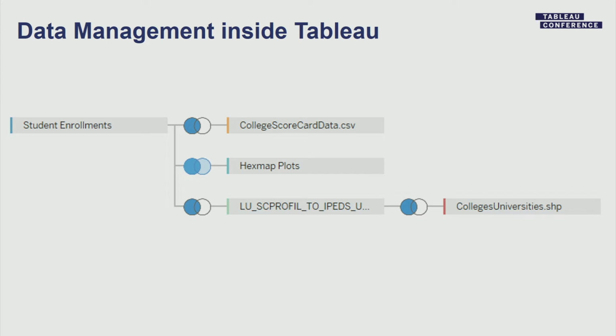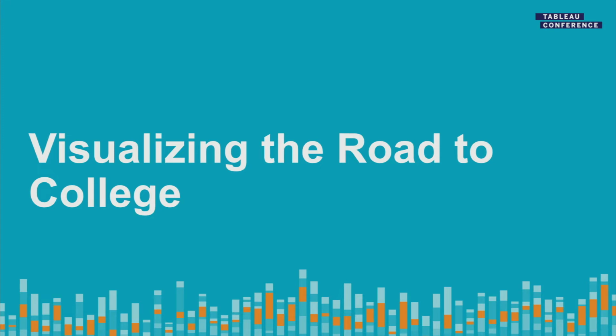And then this funky looking named one down here is the college scorecard data, the LU underscore SC profile to IPEDS. And then the college and university shapefile, which gives the lat and longitude of each of the colleges.